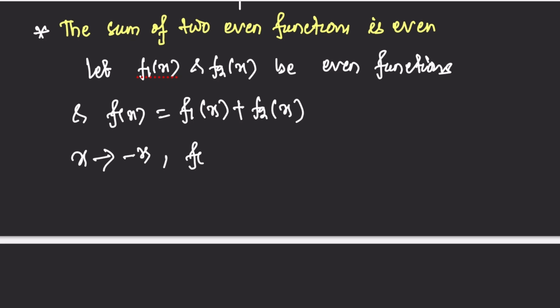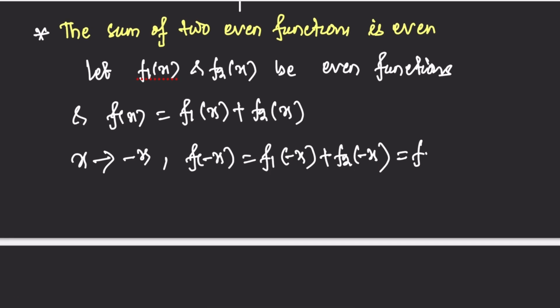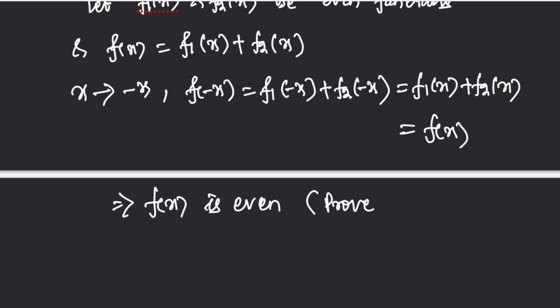We get, as f1x and f2x are even functions, f1x plus f2x, which is f of x. That is, f of x is an even function. So the sum of two even functions is an even function.